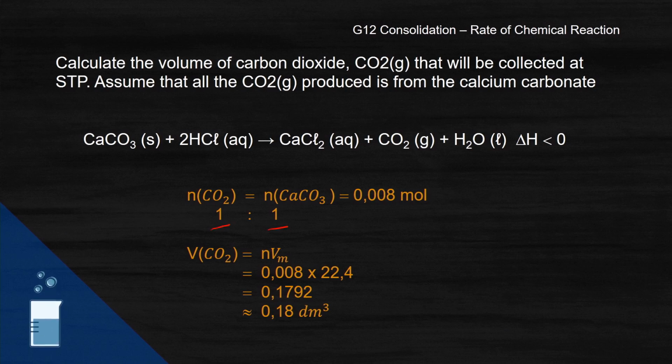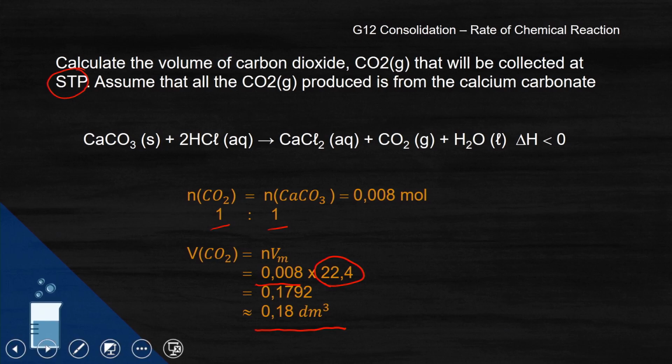Volume of carbon dioxide is equal to number of moles times the molar volume. 0.008 times the molar volume, which they have given me in the beginning as STP, because at STP I know that my volume of gas is going to be 22.4. I multiply it out, and then I need to round off to 0.18 decimeters cubed of carbon dioxide, which is produced.